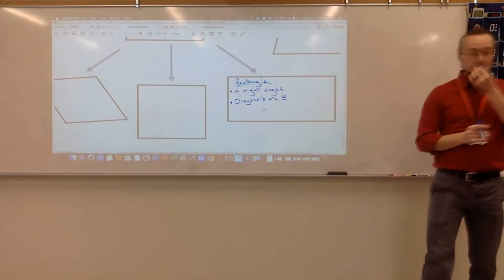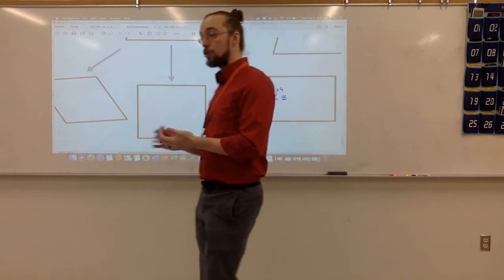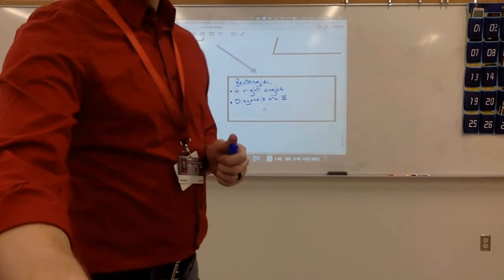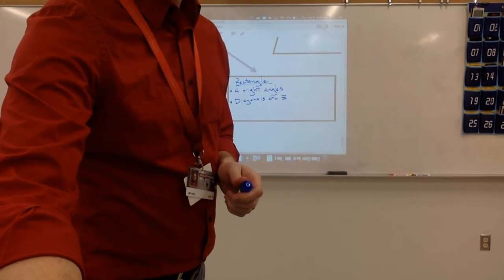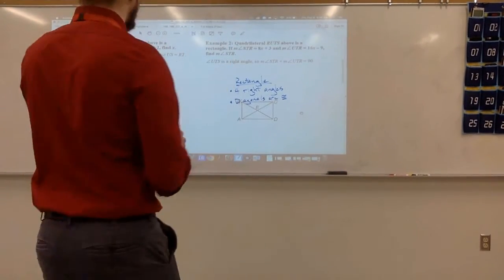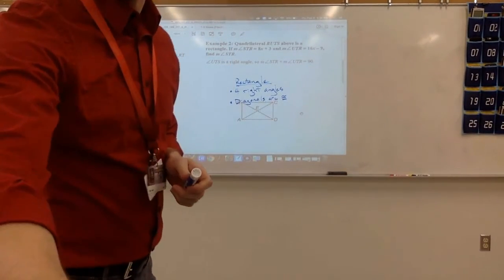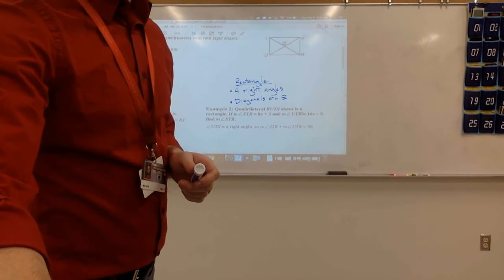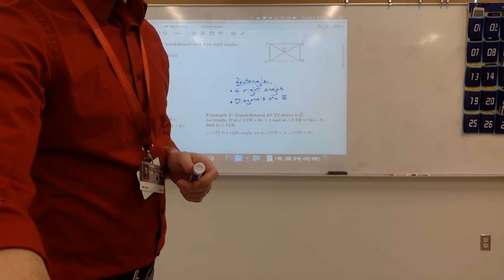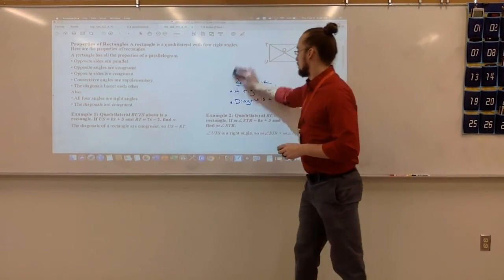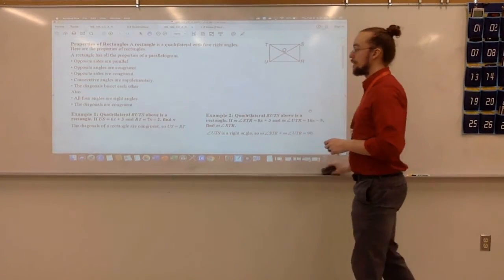So let's go ahead and start using some of these properties of a rectangle. Let's go back to the 6-4 note sheet here. Take a look at these two examples. For both of these examples, we are looking at the figure up above here, quadrilateral RUTS.